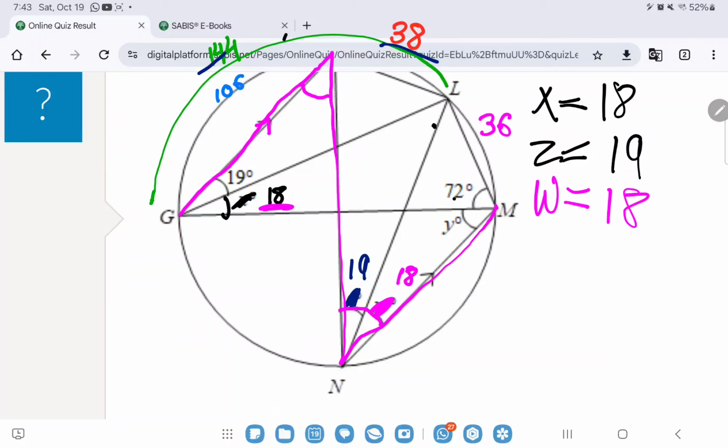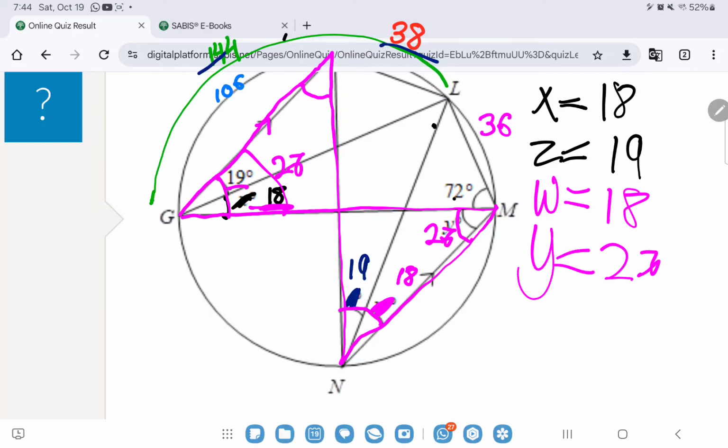Oh wait, sorry guys, we could do it both ways. I didn't make a mistake, it's just we're using the wrong angles. This angle is congruent to this angle. So 19 plus 18 is 27. If this all is 27, then this is 27. And that's how you find Y. Y equals 27. And that's all our angles for this question.